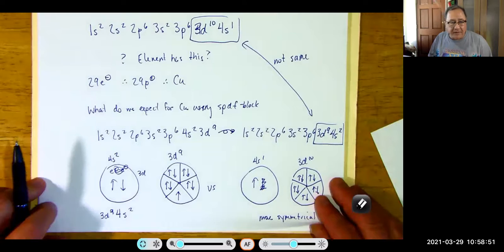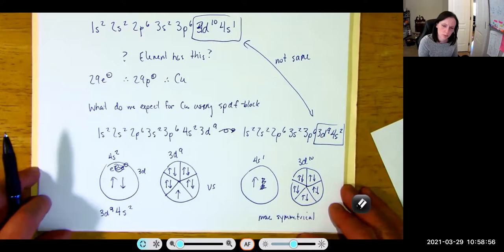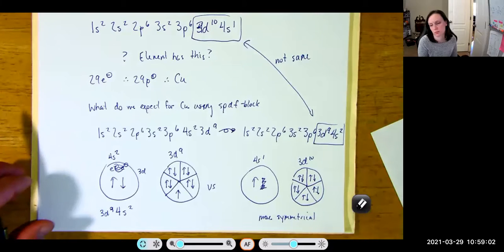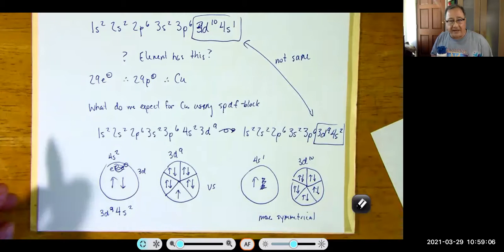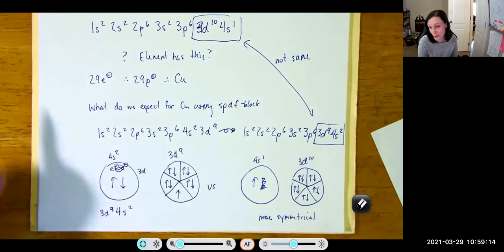What other elements would be like copper and have this weirdness? Silver. Yes. Why do you pick silver? In the same group. Yes. What else would be like copper? Gold. Why do you pick gold? It's in the same group.